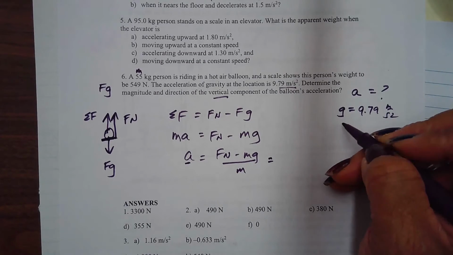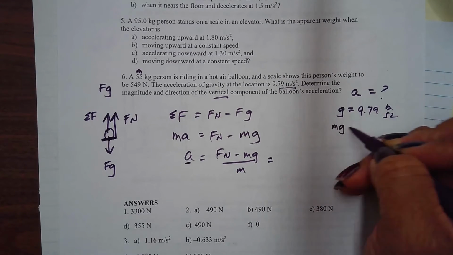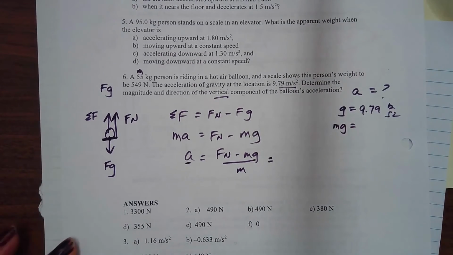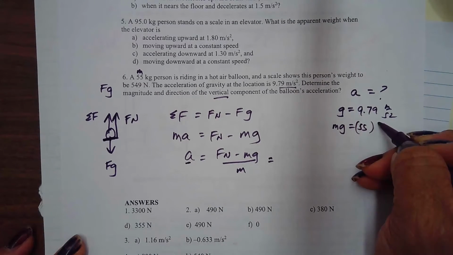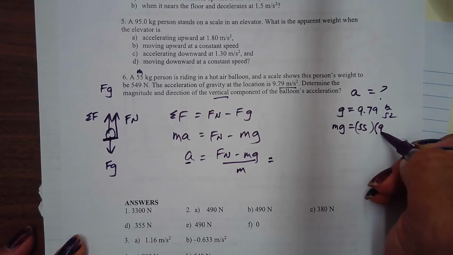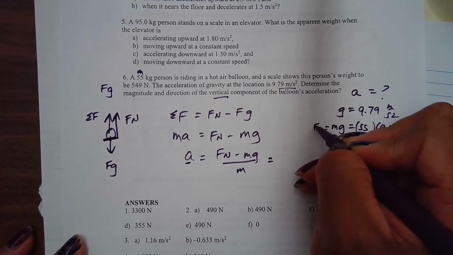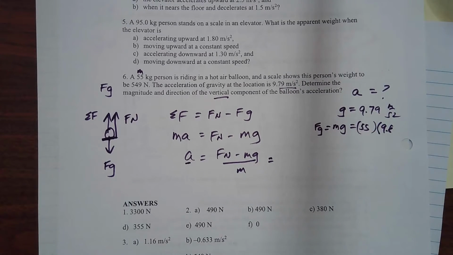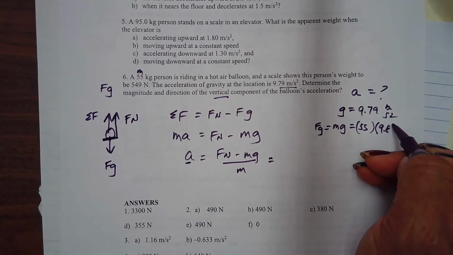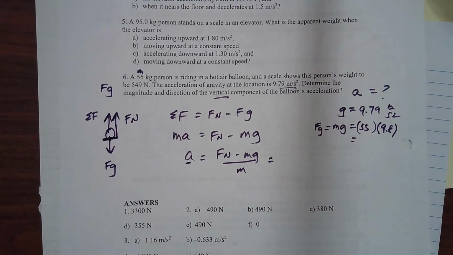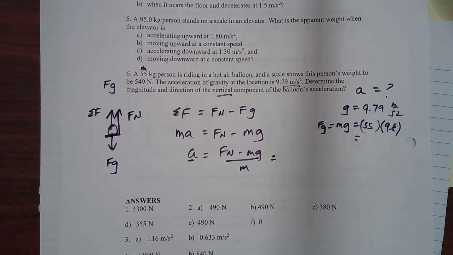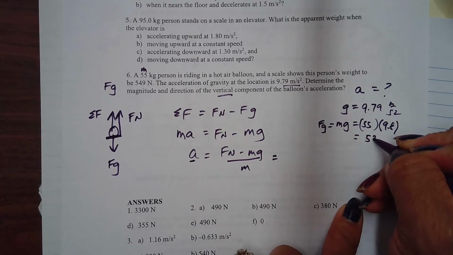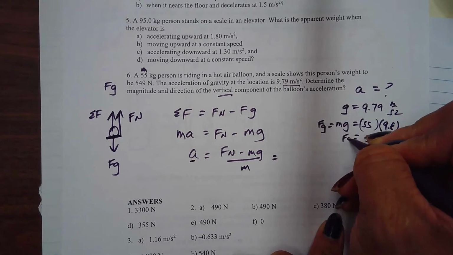So if I were to calculate the mg at this point, I'm just going to use the person's mass. The person's mass is 55, right? So 55 times 9.8, this is going to be the Fg. I'm just going to show you the difference between the Fg and the Fn, okay? So this is the 9.8 if the person were standing on the surface of the ground. So this is 55 times 9.8, and it's 539 Newtons. That's the Fg.